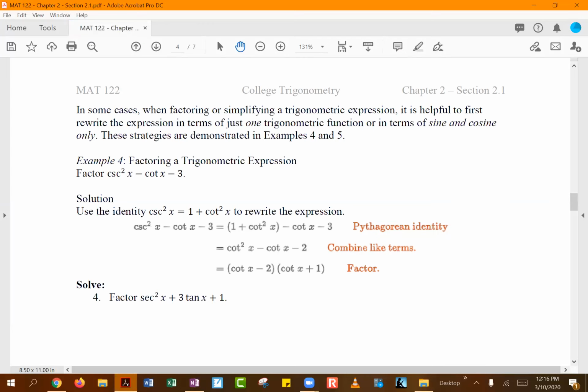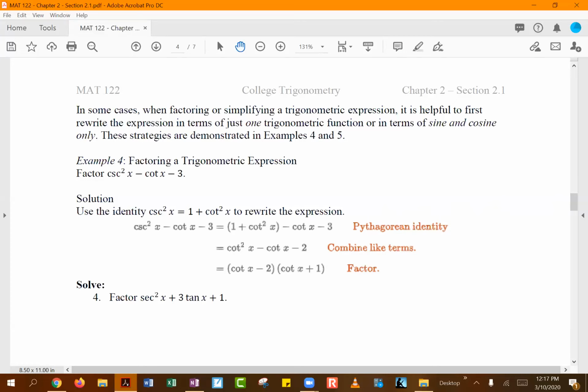So in this case, you will see we're converting this into a cotangent function. So cosecant squared, this is using the Pythagorean identity here. They're replacing that cosecant squared with 1 plus cotangent squared, and then you've got your minus cotangent of x minus 3. Go ahead and simplify that, which means the 1 gets added with negative 3, which is where this negative 2 is coming from.